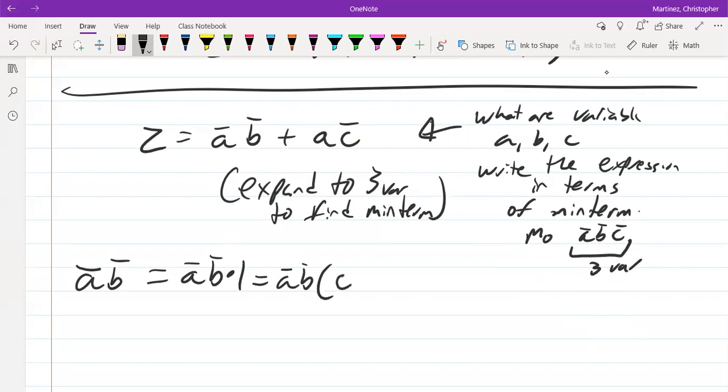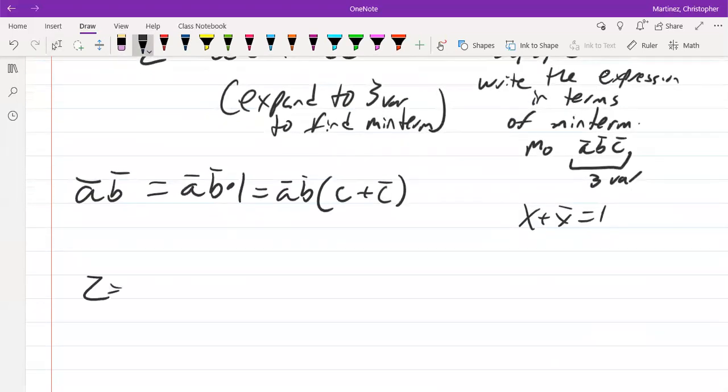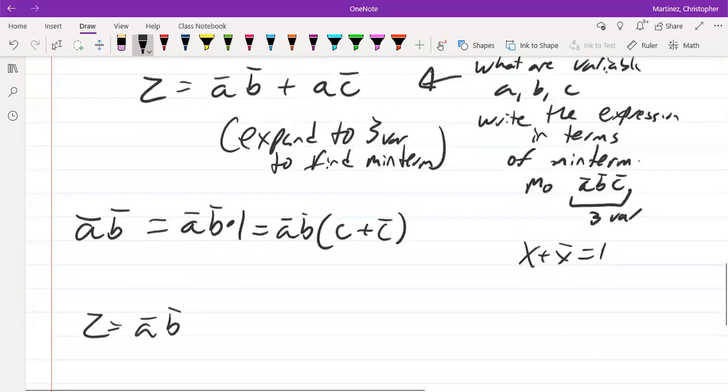A 1 will look like it's C or a C bar, because we had a theorem that said X plus X bar is equal to 1. So I'm just using these theorems. All right, so let's do that. Let's use these theorems to expand.